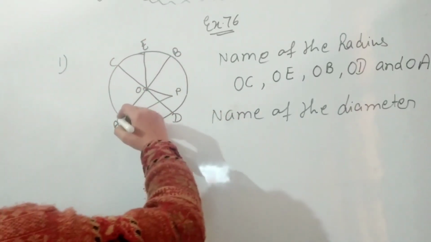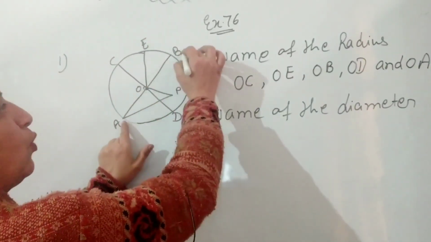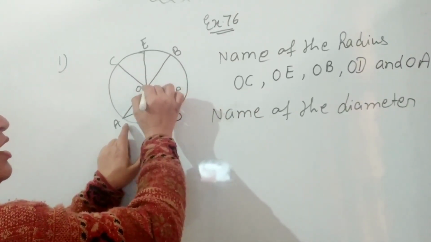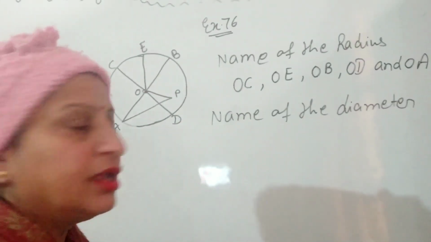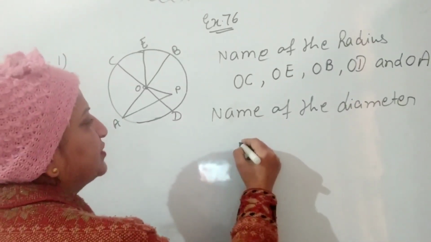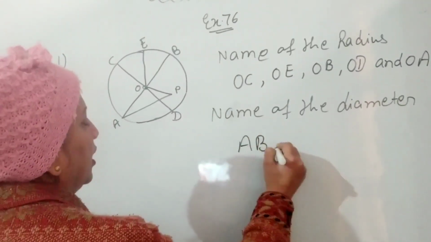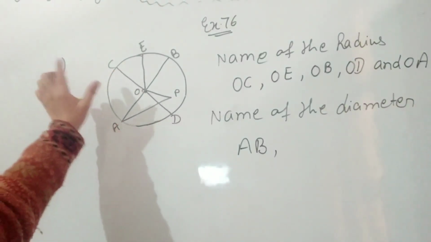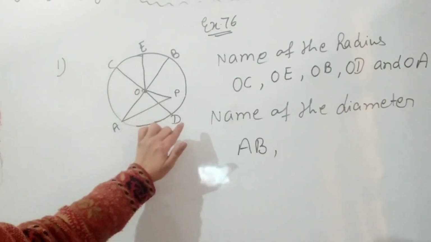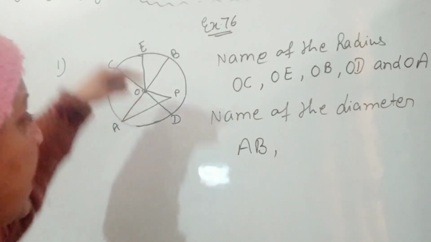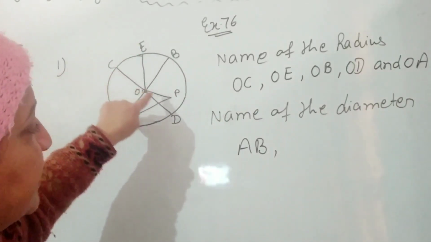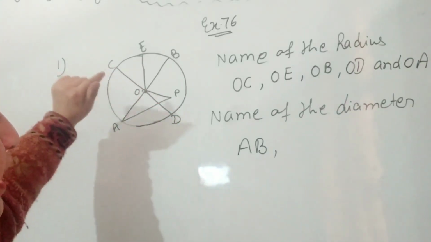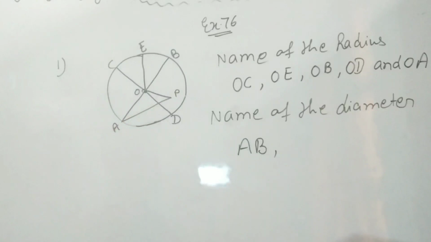Now here you see that your line AOB, the line AB, passes through the center of the circle. So the name of the diameter of the circle is AB. Now here we see there is one more line that passes through the center of the circle, and this line's name is CD, because this CD is a straight line and it passes through the center of the circle.